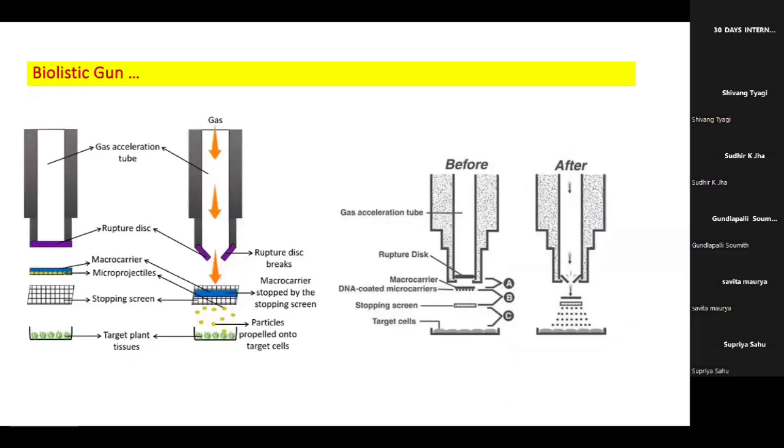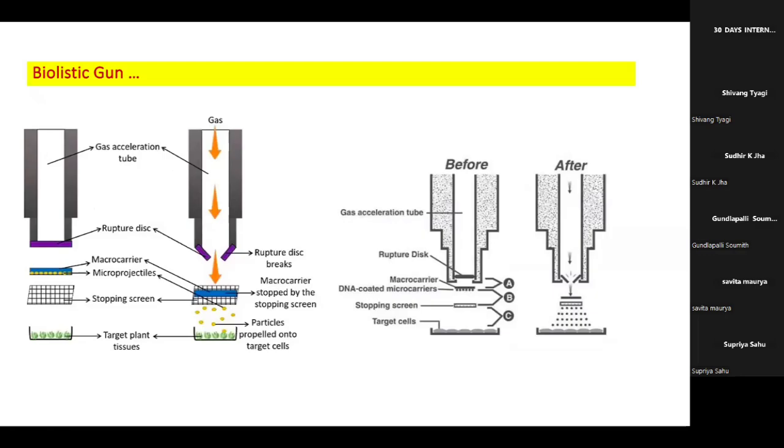In this slide, we can see it in a better way. Here you can see a gas acceleration tube. Here you can see the rupture disk. Whenever the pressure goes beyond the capability of this rupture disk, it will burst. Once it bursts, this macro carrier with the micro projectiles will go further and be stopped by the stopping screen.